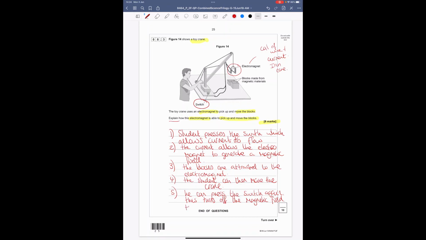The attraction will stop. And the blocks will fall down. So effectively, this question is just asking us to demonstrate that we know what an electromagnet is and how it works. Right, so that's the end of this paper then.